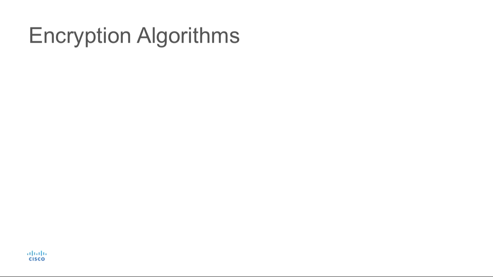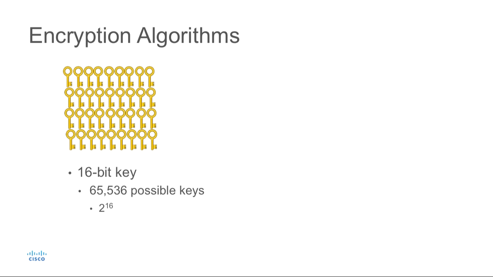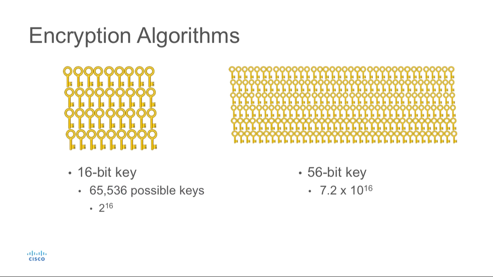As an example, take a 16-bit key. With a 16-bit key, there would be 65,536 possible keys. If we use a 56-bit key, there are going to be 7.2 times 10 to the 16th possible keys. And so again, the time it would take to crack these increases as we use a larger key.